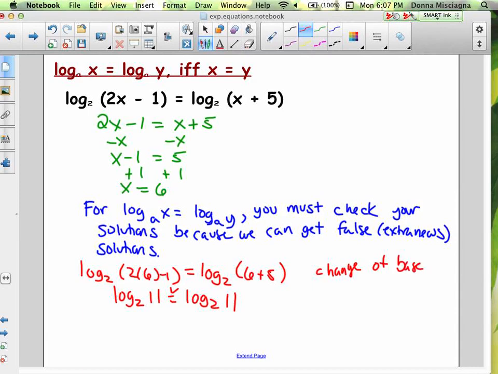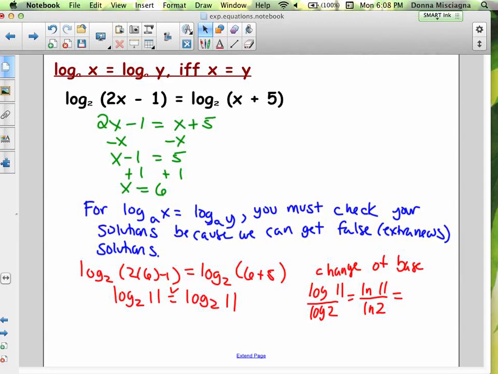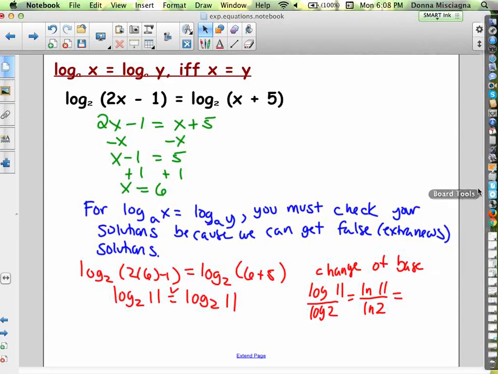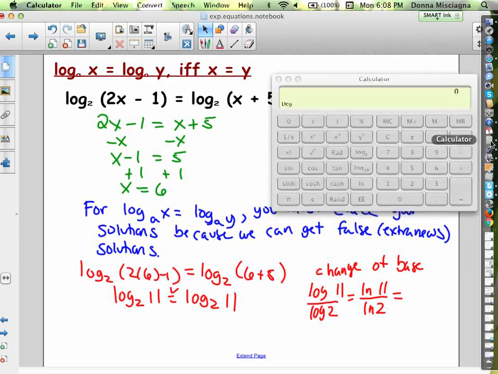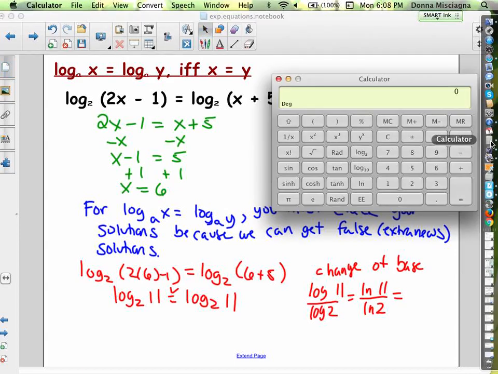That value is going to be equal to, and I can use base 10 or natural log, it doesn't make a difference, log 11 divided by log 2, or if I like natural log better, I could use natural log 11 divided by natural log 2, and that'll give me a decimal equivalent. Log base 2 of 11 is the exact answer because this is going to be a never terminating decimal. However, you can see that you would get a real number.